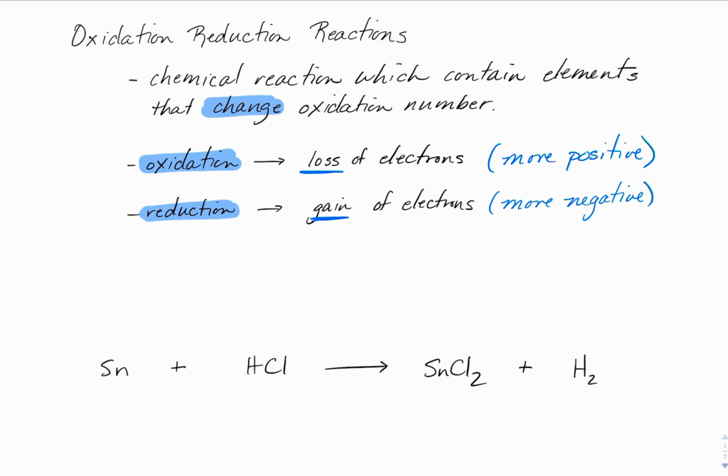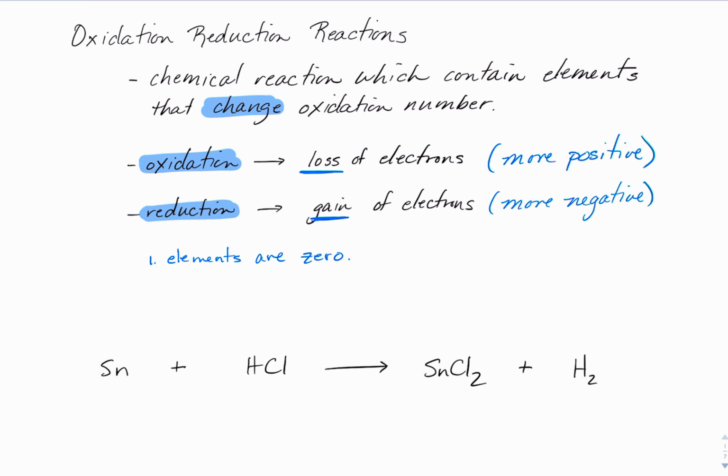So let's look at the following chemical reaction and see if we can figure out which elements get oxidized and which elements get reduced. In order to do this, there are a few rules that you need to know about oxidation numbers. One, all elements in elemental form are 0 for their oxidation number.